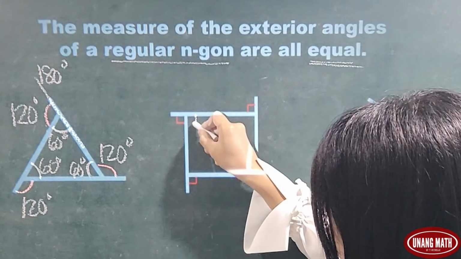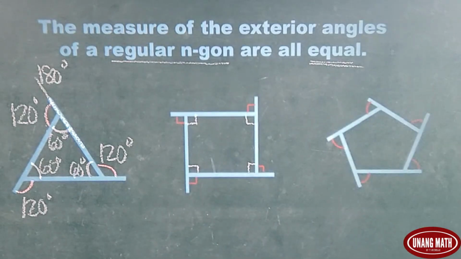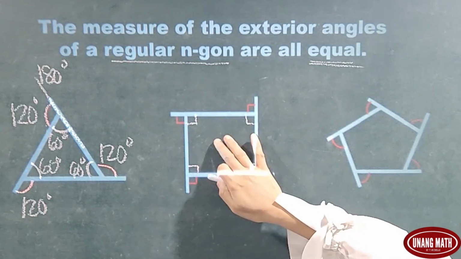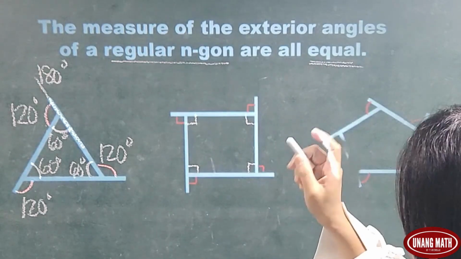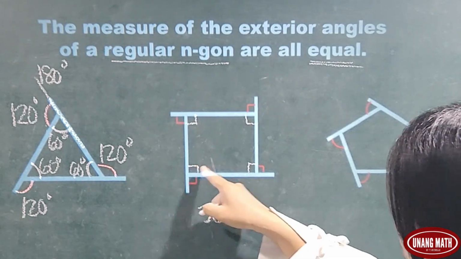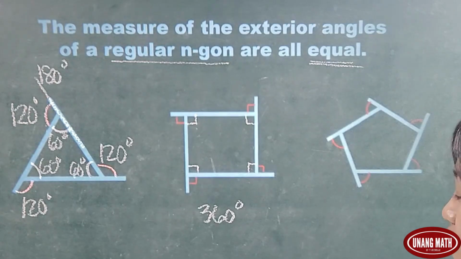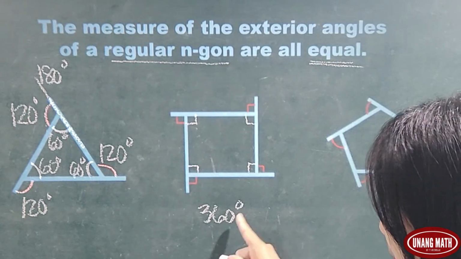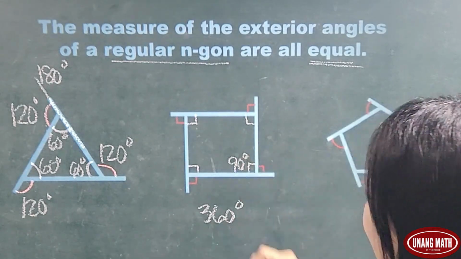Okay, what about the square? A square has 4 interior angles. The sum of the interior angles of a square is 360 degrees. So to find each interior angle's measure, 360 degrees divided by 4 is equal to 90 degrees.